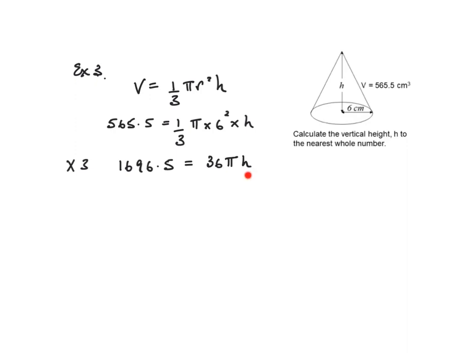What I want to do is to get h on its own, so I'm going to divide by the multiplying 36 pi. h equals 1696.5 over 36 times pi. It gives us 15 centimetres.